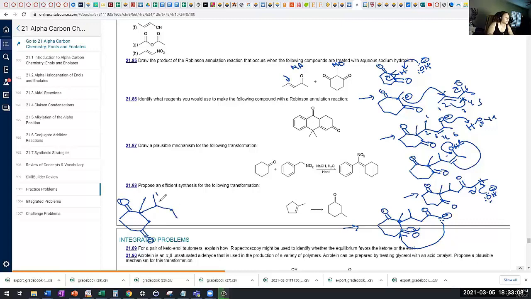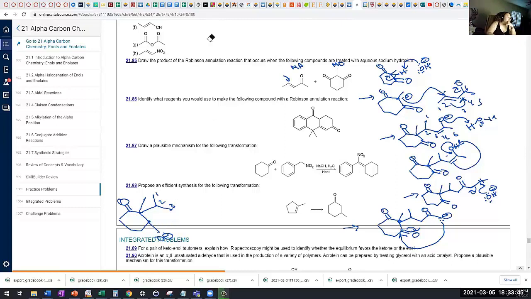So this is 1, 2, 3. Carbonyl is on 4. And then 5. I'll draw this a little bit better. So this is carbon number 4.